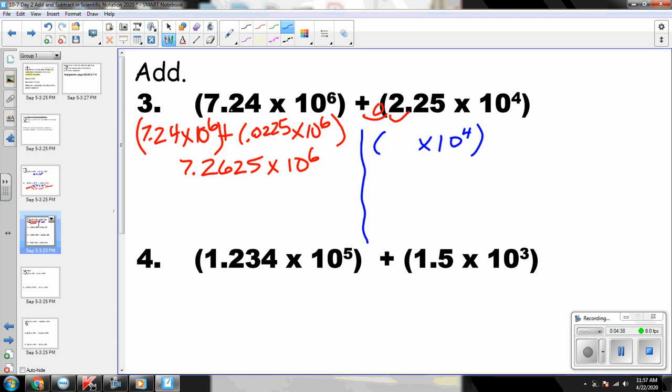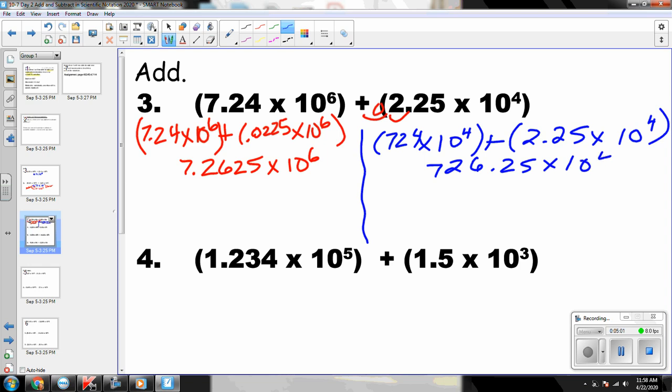So I have to make 7.24 larger by moving my decimal point twice to the right. That would be 724. So if I add 724 times 10 to the 4th plus 2.25 times 10 to the 4th, I will get 726.25 times 10 to the 4th.